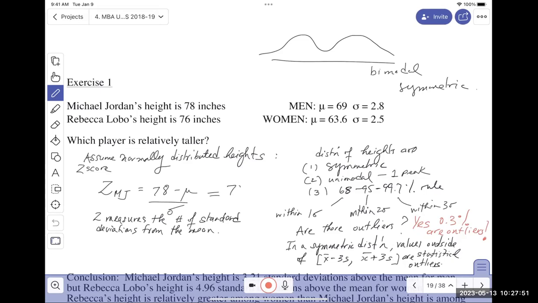So you take 78, you go to his mean of 69, and you divide by the standard deviation of 2.8 for men.